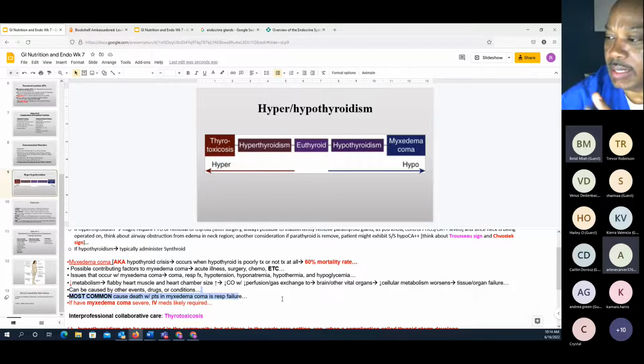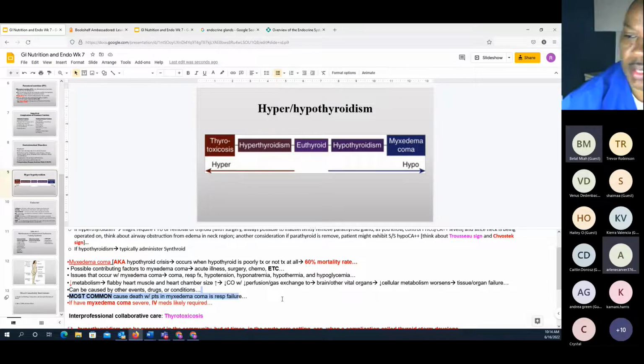And so there will be a decreased cellular metabolism that is worsening over time until we can treat these patients more appropriately. So these patients essentially go into organ failure.